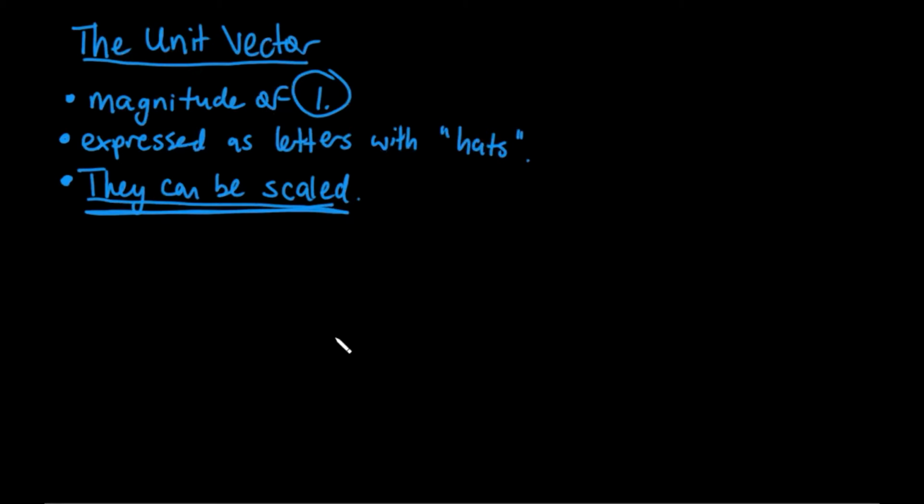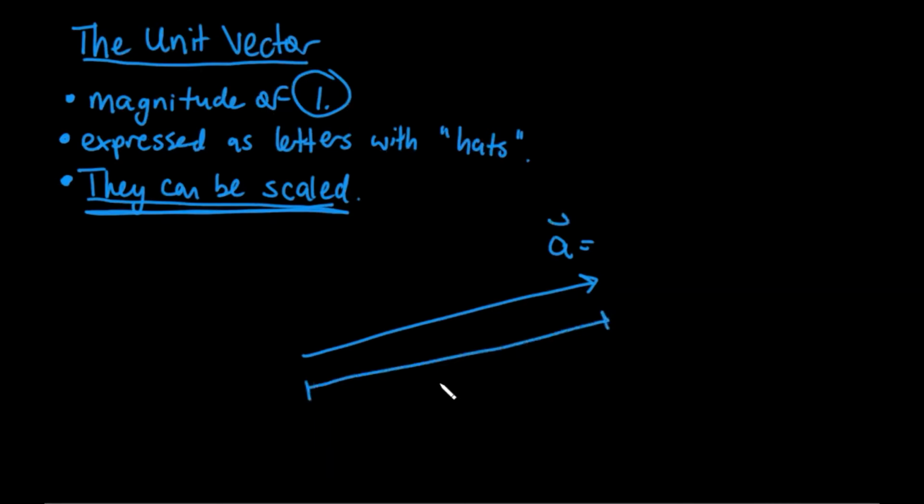So I'm going to draw just a little example. Say we have this vector A right here, and it has a length of 2.5. The unit vector, with magnitude 1, we would denote as A with a hat.